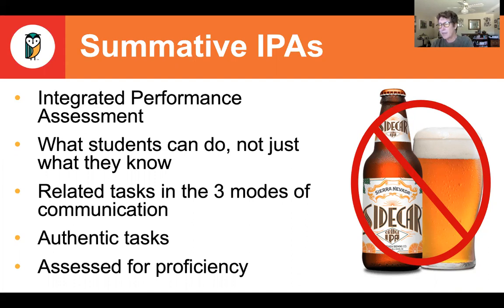It is comprised of tasks in each of the three modes of communication that build on each other and are all tied to an authentic task, which is something that students would naturally do with the language. Students are assessed for proficiency on a rubric, preferably aligned with ACTFL proficiency guidelines.